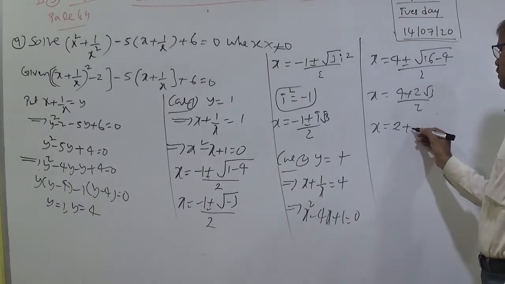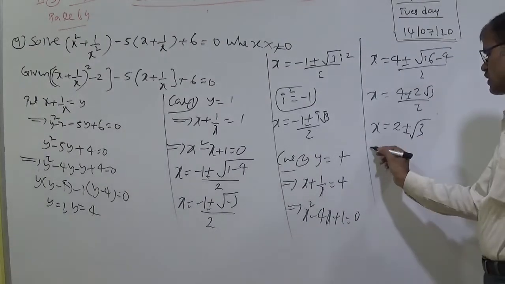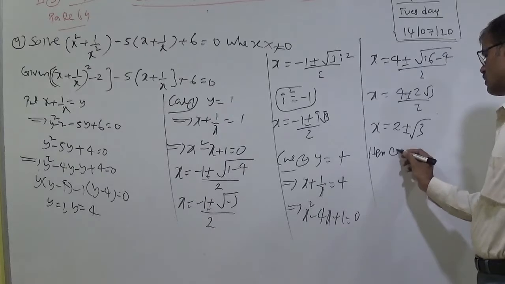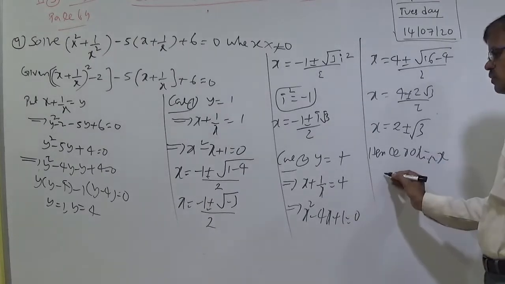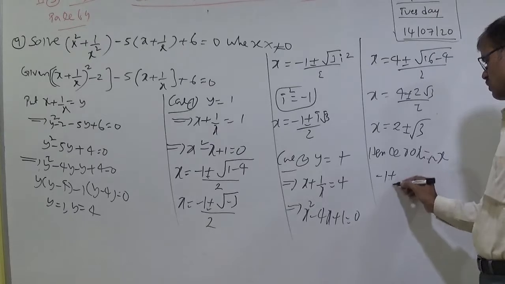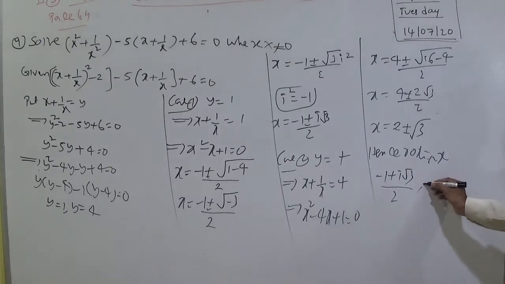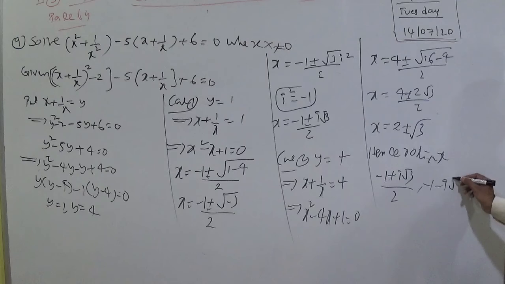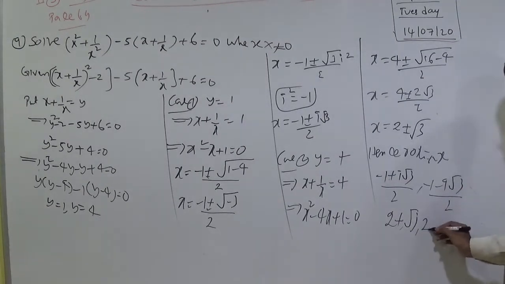Divide with 2, it becomes 2 plus or minus root 3. Hence roots are 1 plus i root 3 by 2, 1 minus i root 3 by 2, these are reciprocal, and 2 plus root 3, 2 minus root 3.